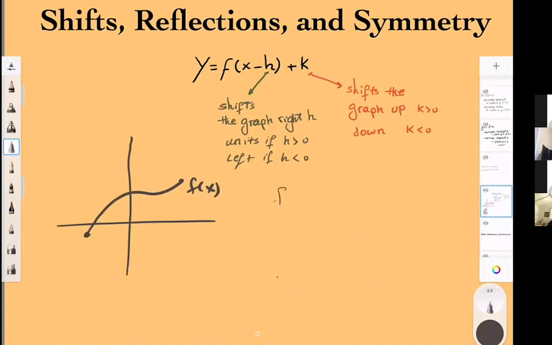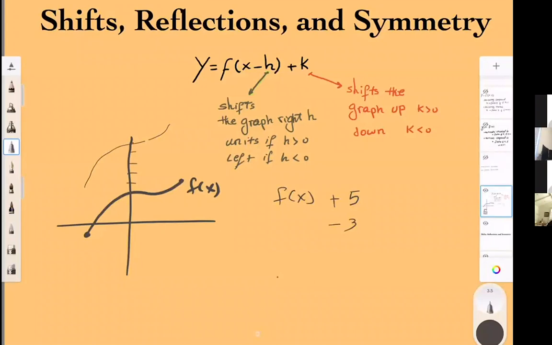If I say f of x plus 5, you move this 5 units up, correct? It will be exactly the same. If it was minus 3, we shifted 3 units down. Those are transformations.